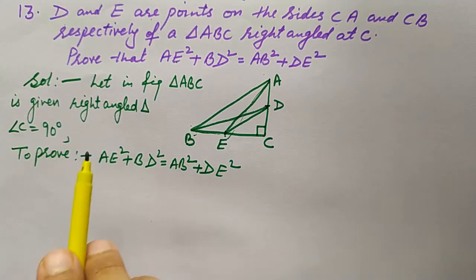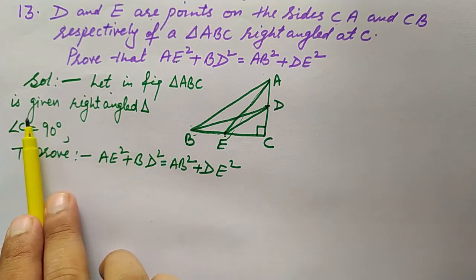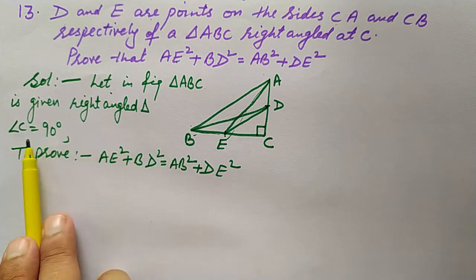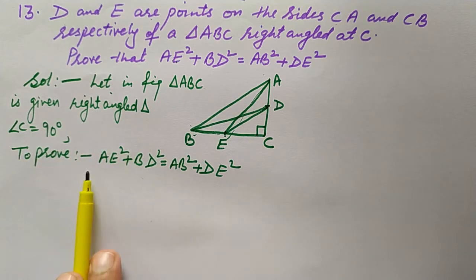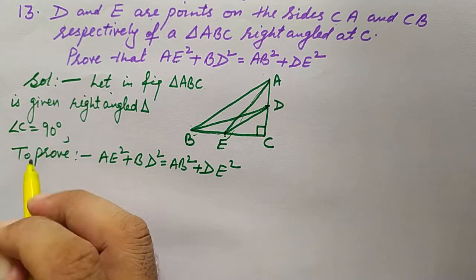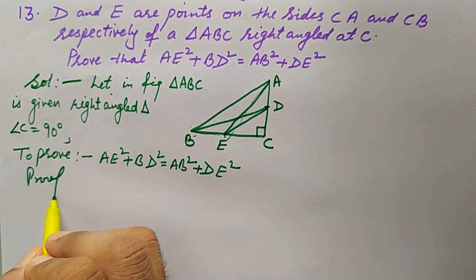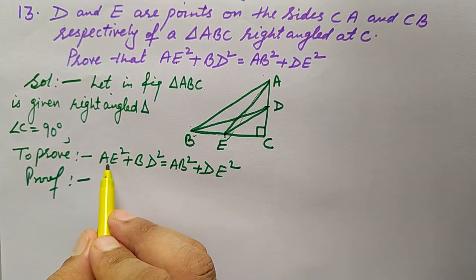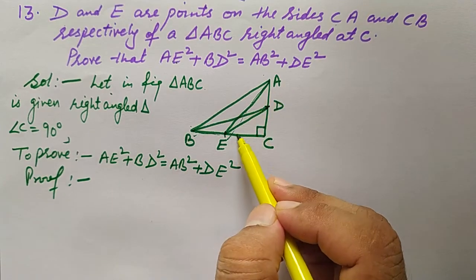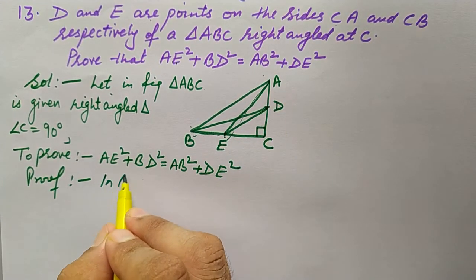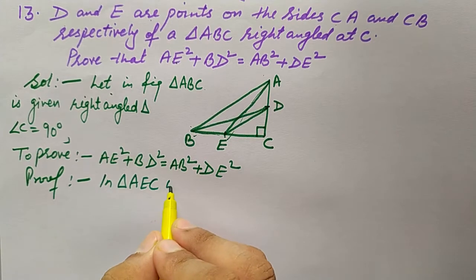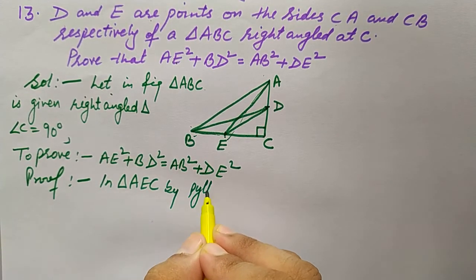So this is written: let in the figure triangle ABC be a right angled triangle, angle C is 90 degrees, and this we are to prove. Now in the proof, we'll first find AE square by Pythagoras theorem in triangle AEC.